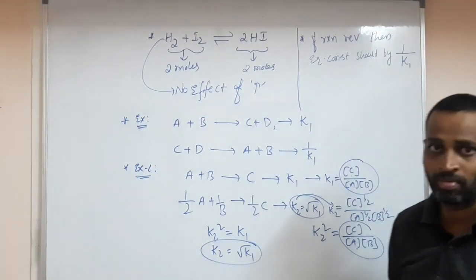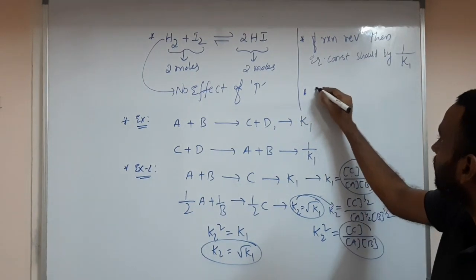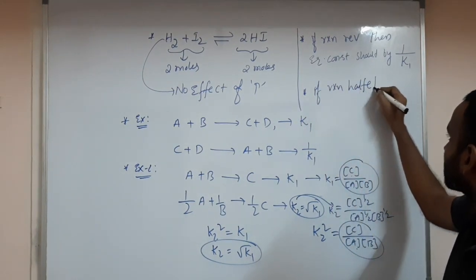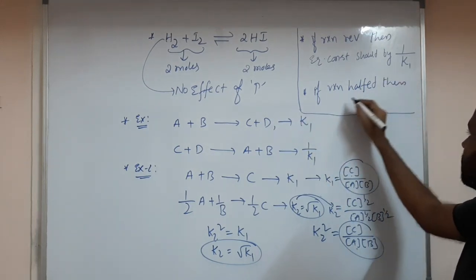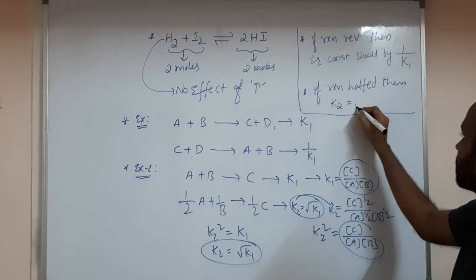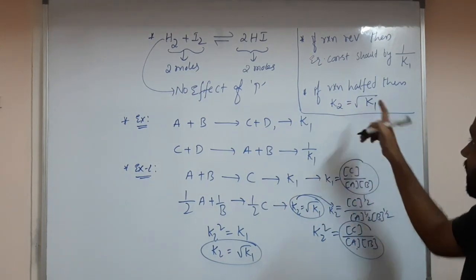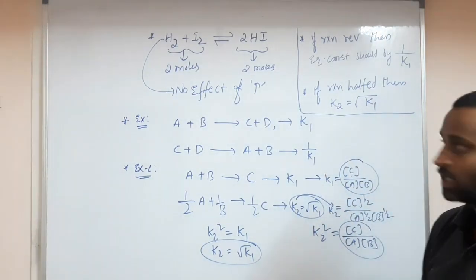Understood, everyone? Next, if the reaction is halved, then what happened? K2 is equal to root K1. If the reaction is halved, then root K1. This K1 is the initial equilibrium constant.